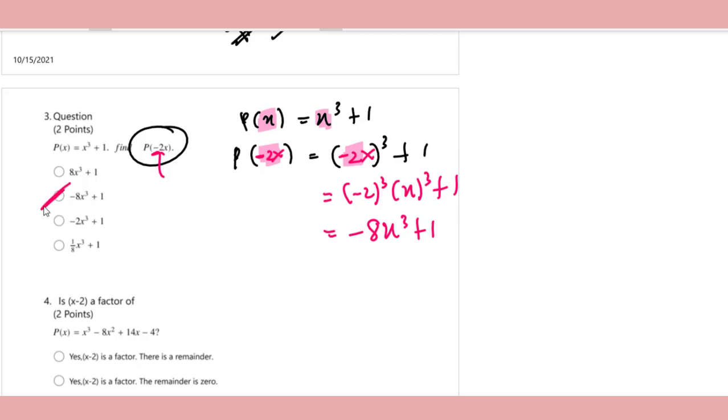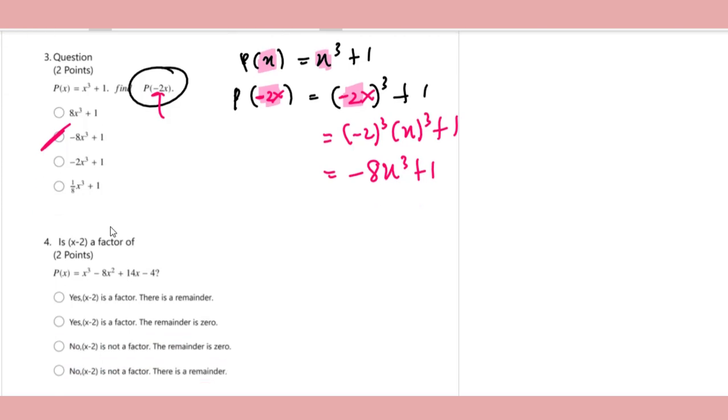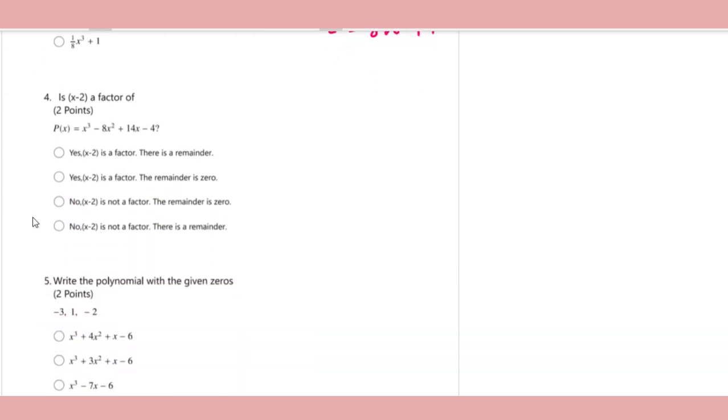So that's number 3. For number 4, is x minus 2 a factor of this polynomial?